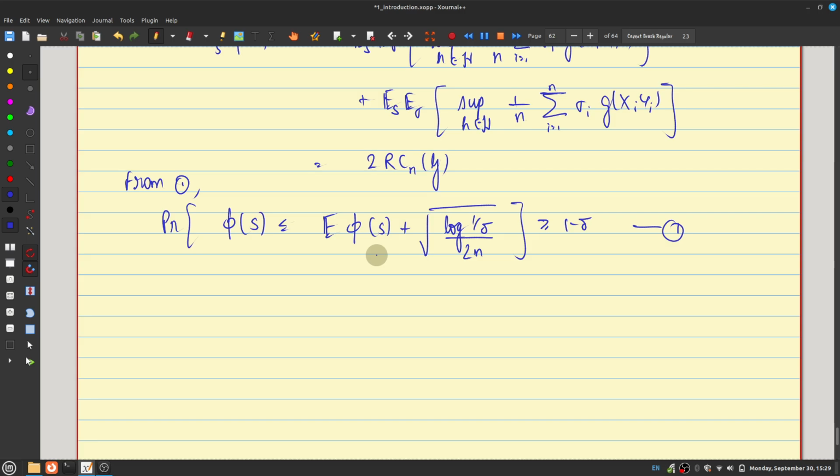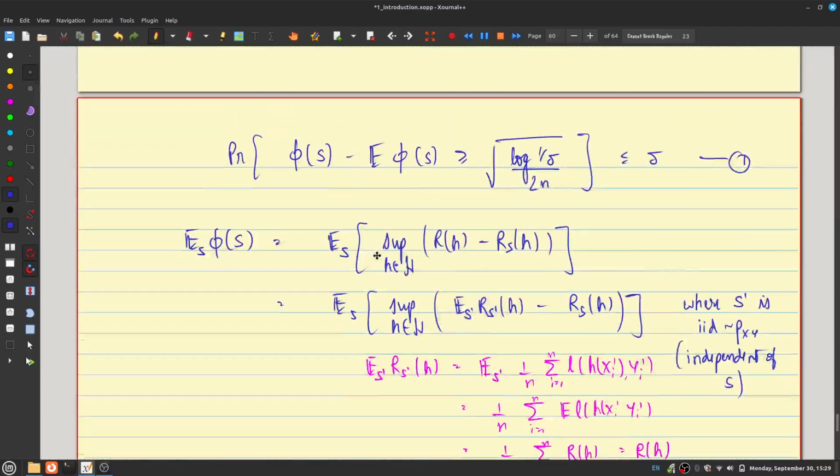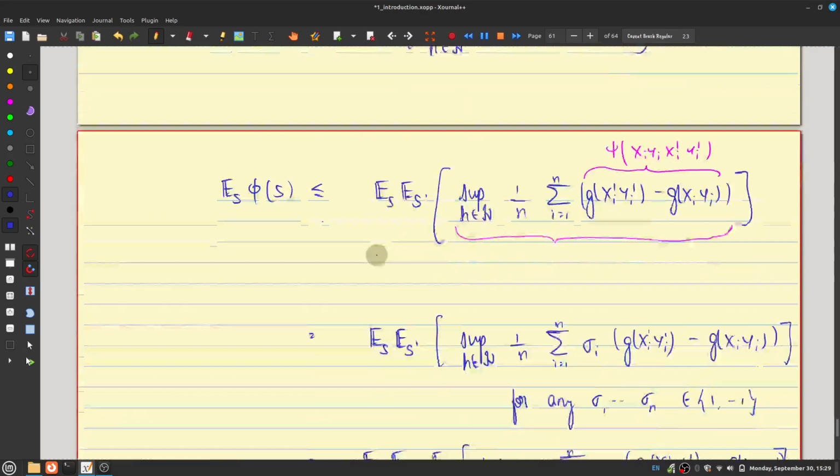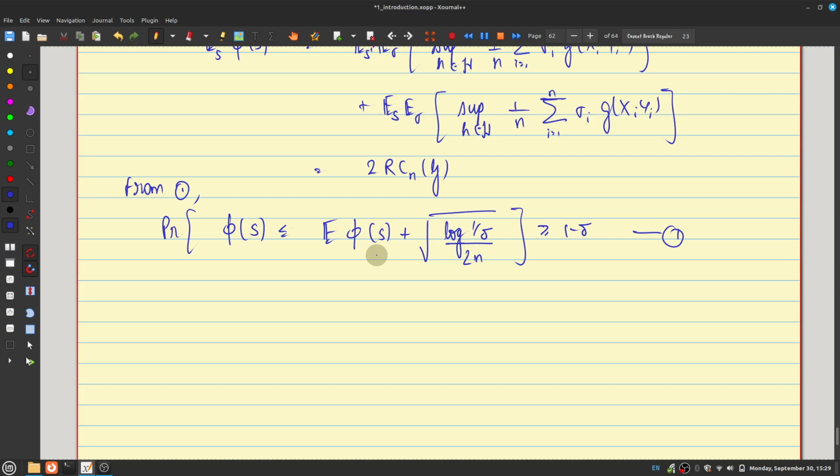So this is what we had earlier. The probability that phi of S is less than or equal to expected value of phi of S plus square root of log 1 over delta by 2n is at least 1 minus delta.